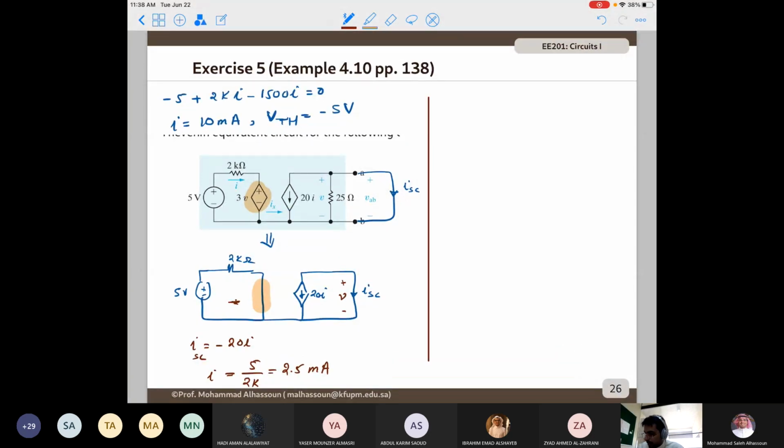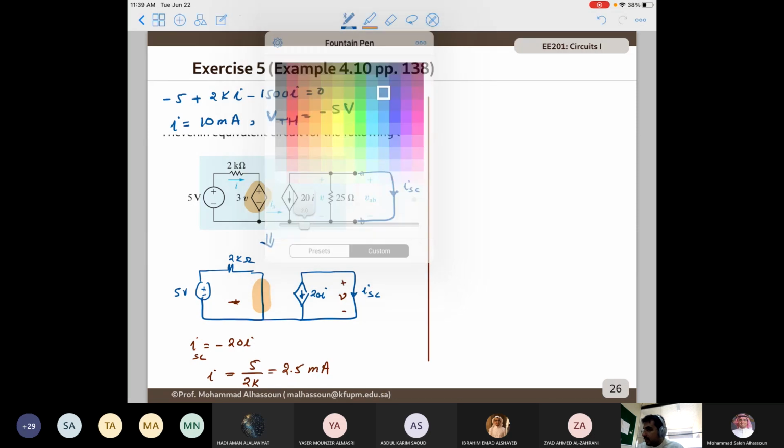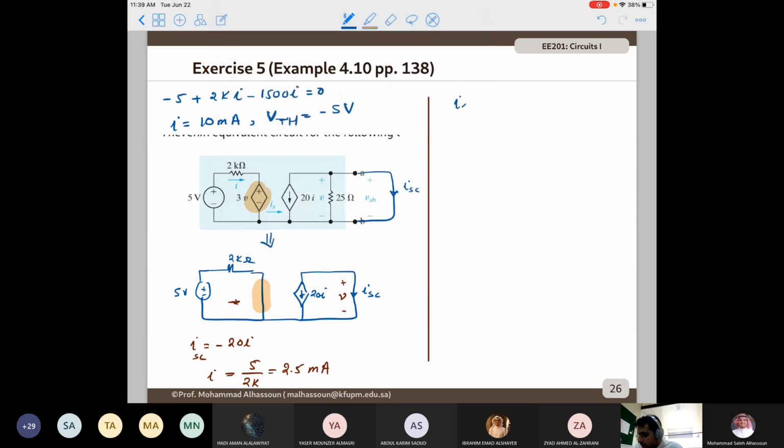So now I found the short circuit current. I short circuit will be minus 20 multiplied by I, which is minus 50 milliampere.